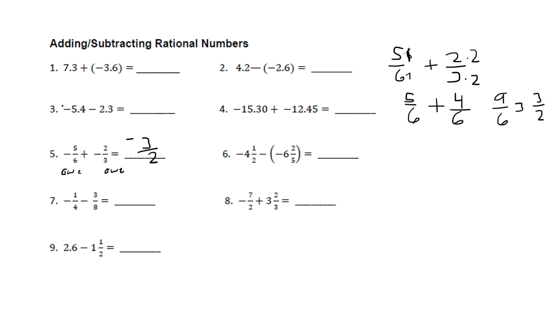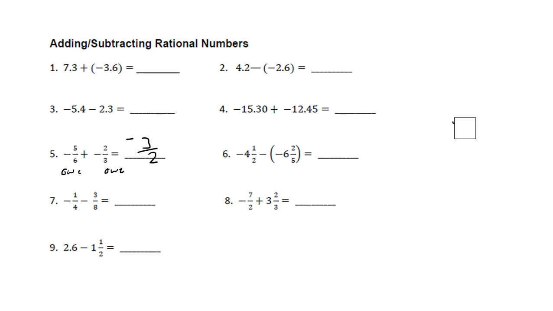Okay, the next one, negative 4 1/2 subtract a negative 6 2/5. Because this is a subtraction problem, we are going to first change it to addition. So negative 4 1/2 subtract a negative 6 2/5 becomes negative 4 1/2 plus a positive 6 2/5.